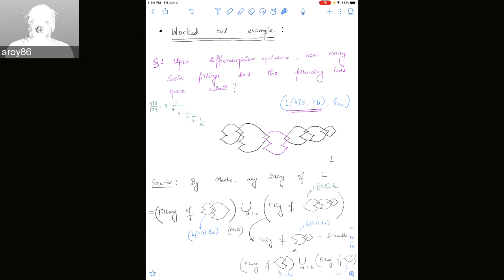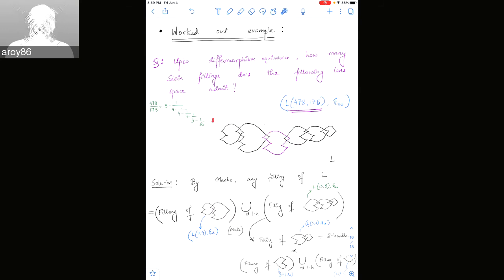By Menke, we'll first decompose the manifold along the mixed torus that shows up here. So the algorithm we describe: we first take out the doubly stabilized components, and then the M prime is the lens space given by this chain union the lens space given by this chain.